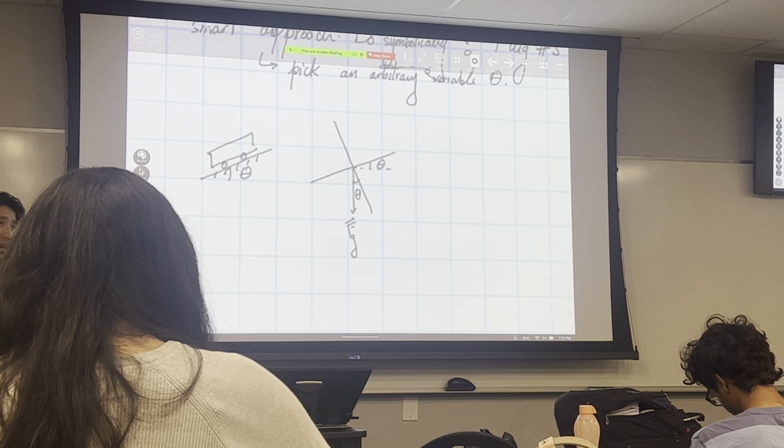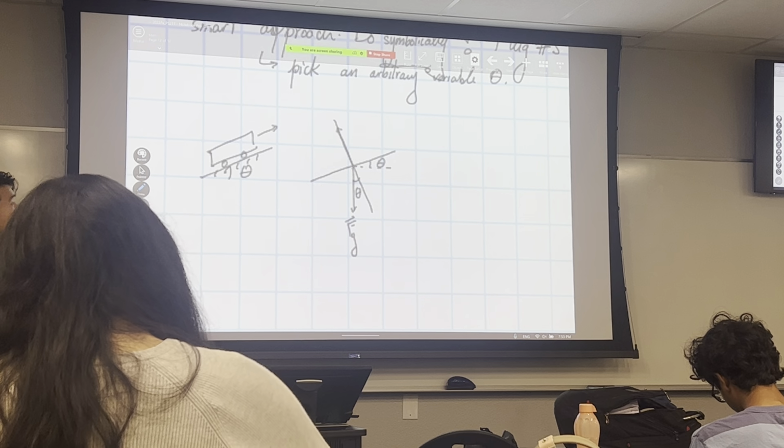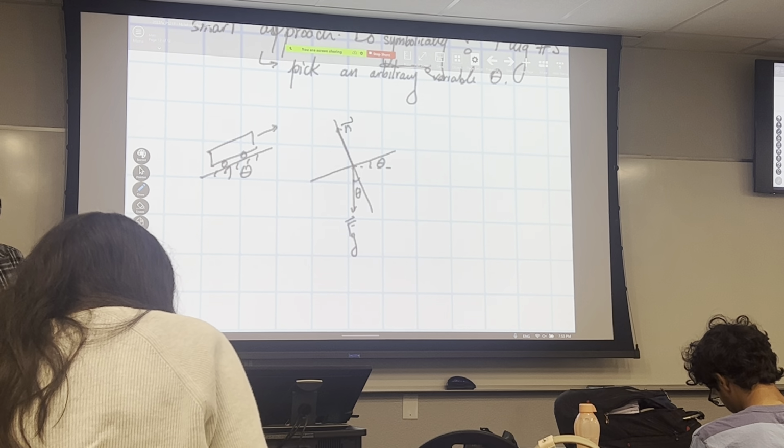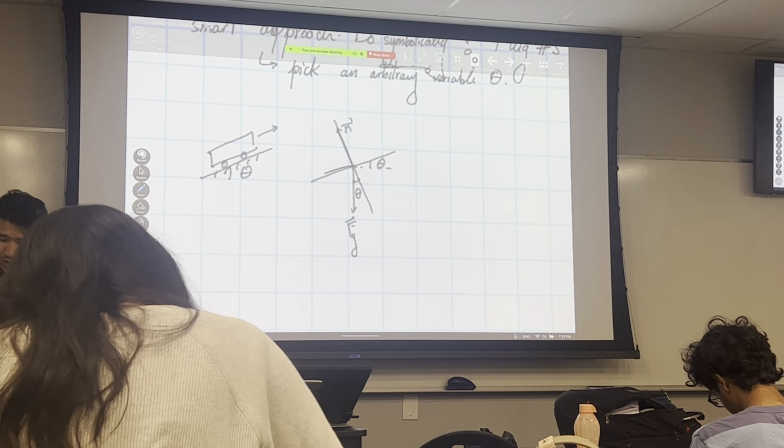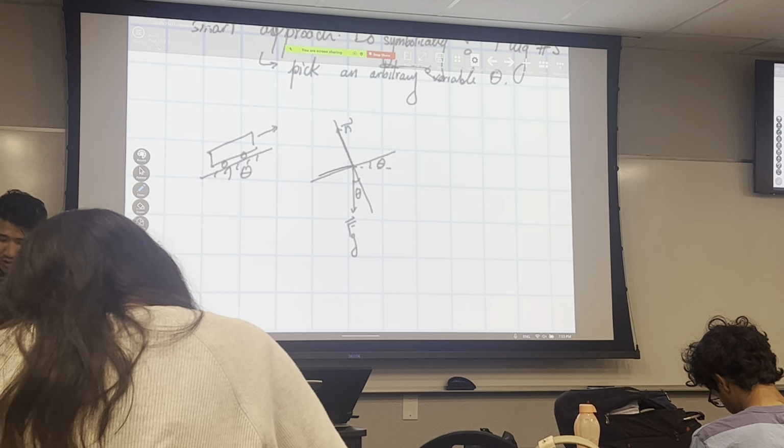What other forces do we have acting on our system? We have the normal force. And let's say the car was initially traveling up that way, and then the frictional force will be in this direction.